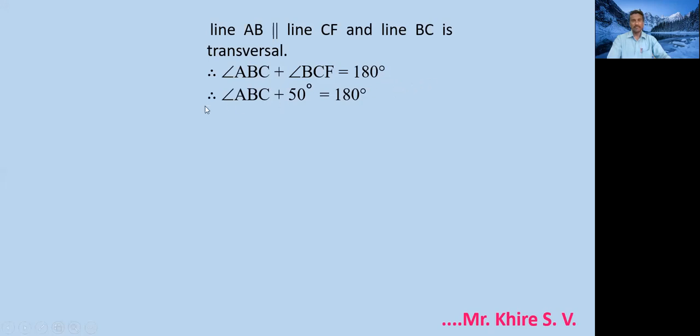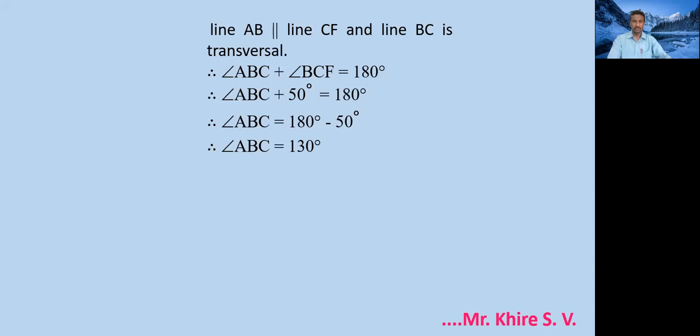Therefore, put the value of BCF here: BCF is 50 degree, so ABC plus 50 degree is equal to 180 degree. Now plus 50 goes to the RHS side, it will become minus 50. Therefore, angle ABC is equal to 180 minus 50, which is 130 degree. Therefore, the measure of angle ABC is 130 degree, which we had to find out.